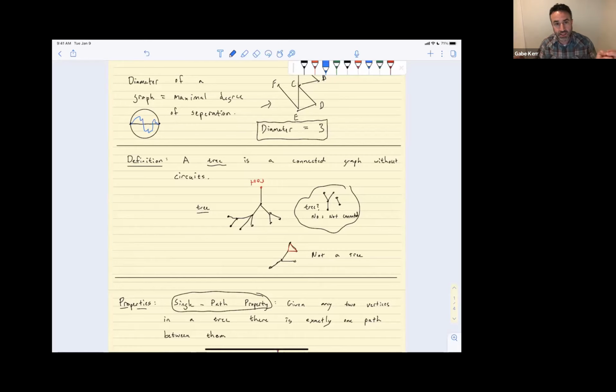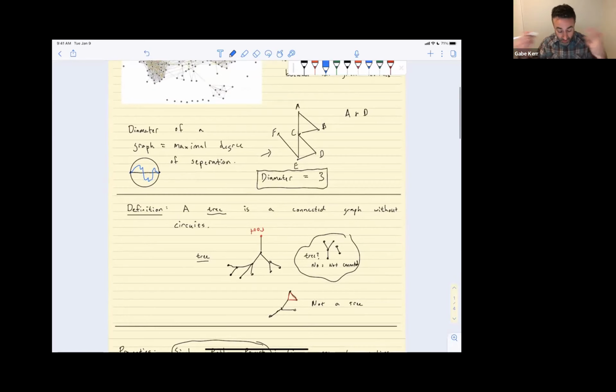So it's that distance that we're maximizing, and the distance we're using here is this degree of separation. So the distance between F and A is 3, even though there's a longer path. We define the distance to be the length of the shortest path between 2 vertices. Does that help? Yes, sir.